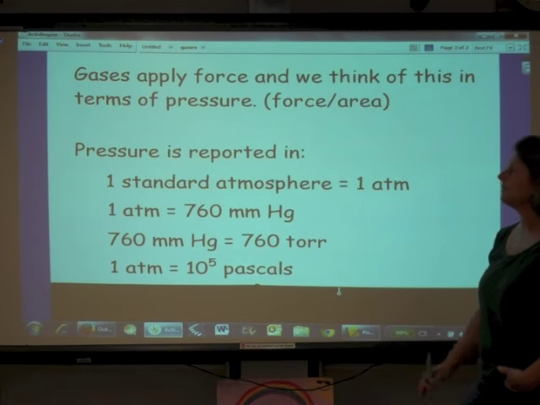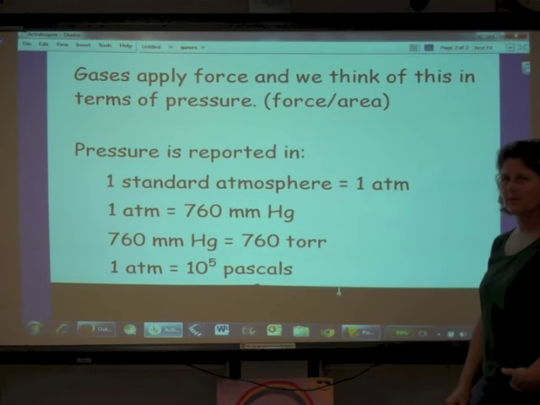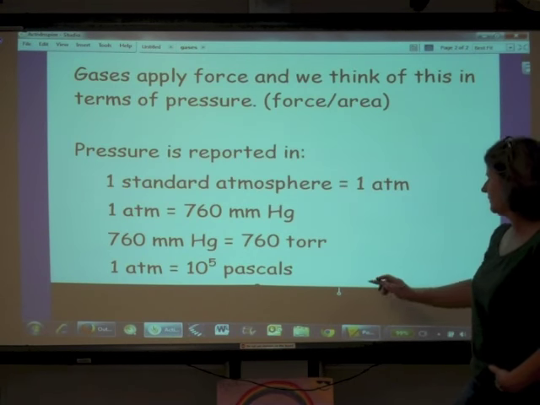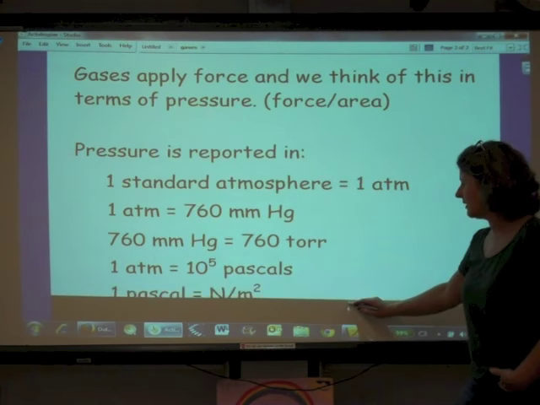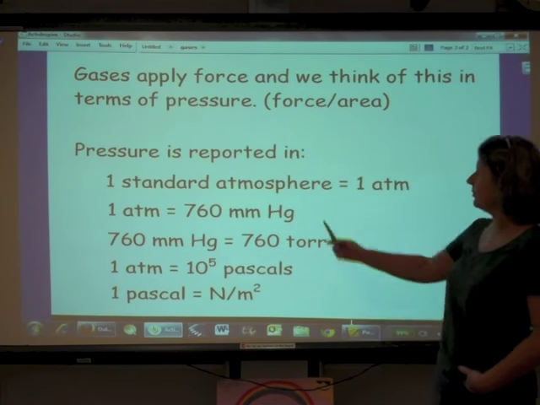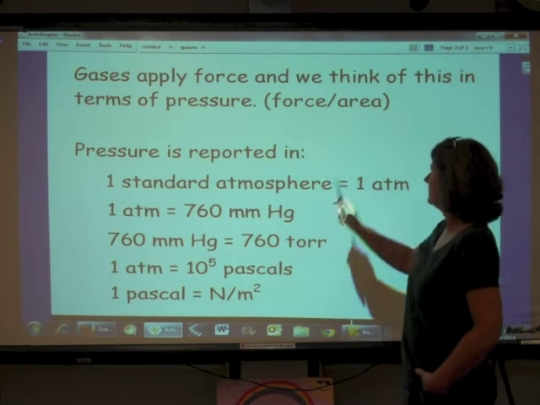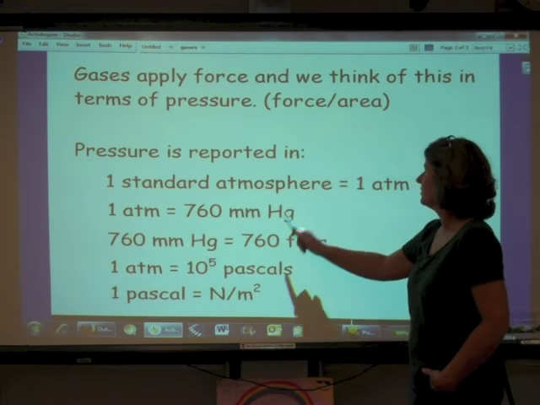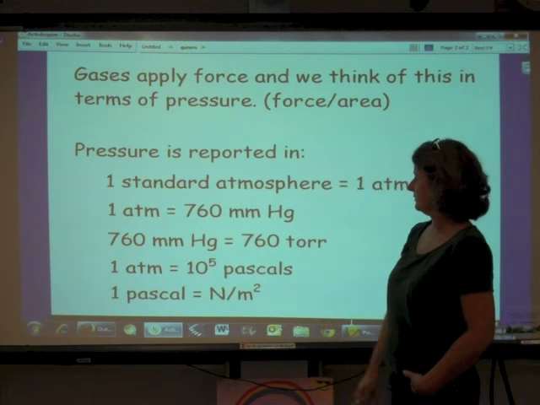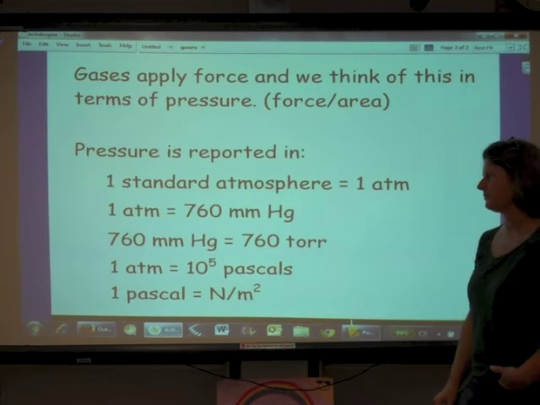Can't we get pressure in something that we're familiar with from physics? Well, yes, we can. A pascal is equal to a Newton per meter squared. Okay, so 1 pascal is a Newton per meter squared.